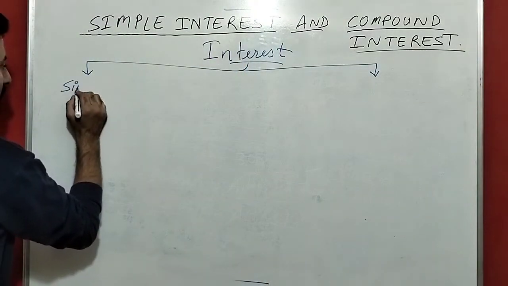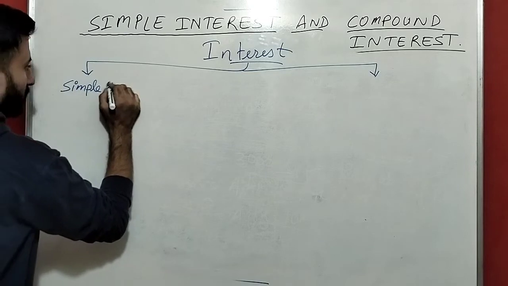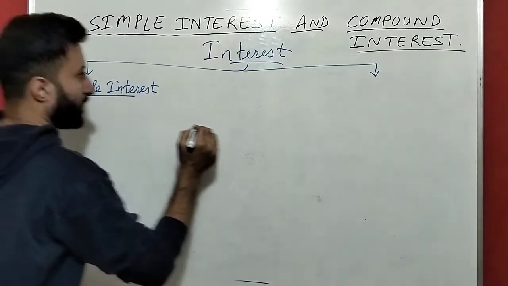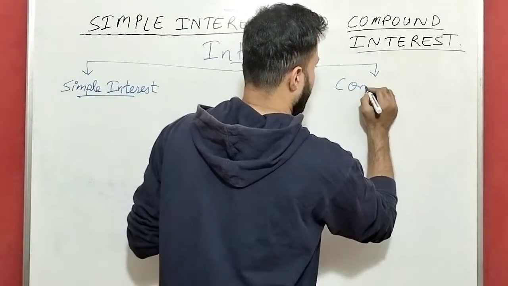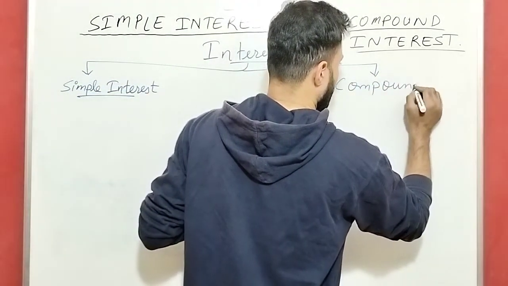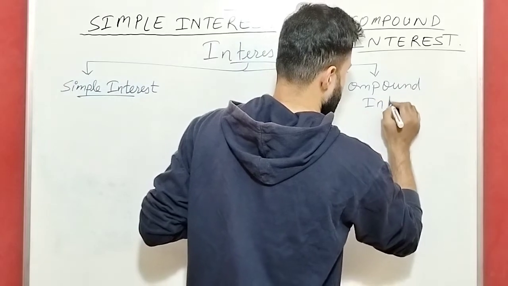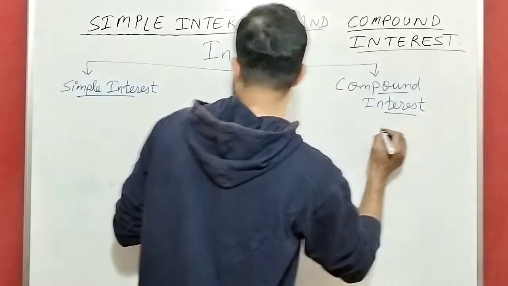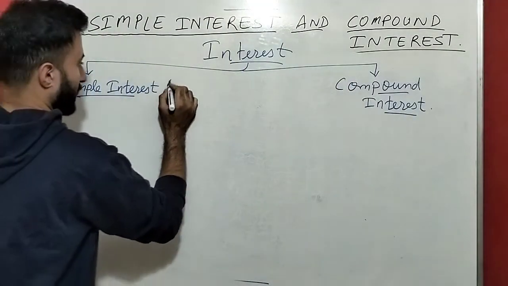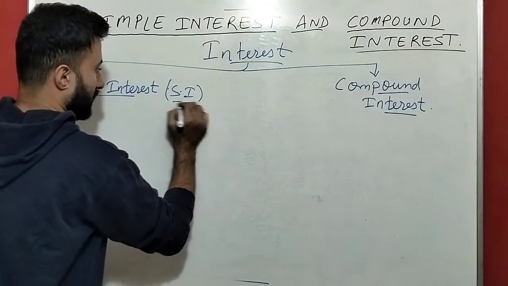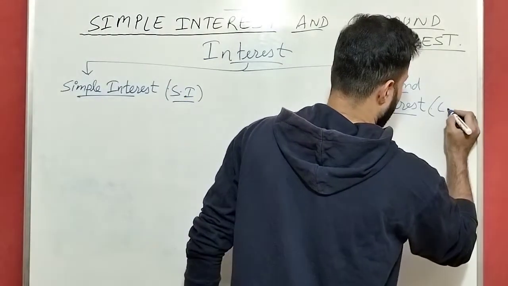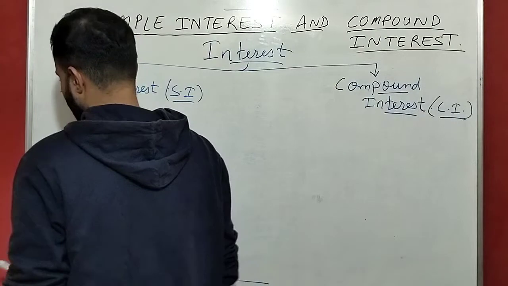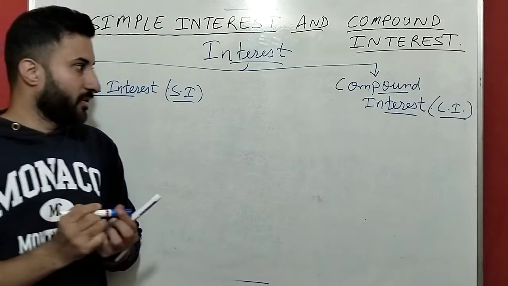First is simple interest, another is compound interest. Simple interest we can also say SI, compound interest CI. Okay, simple interest SI, compound interest CI.